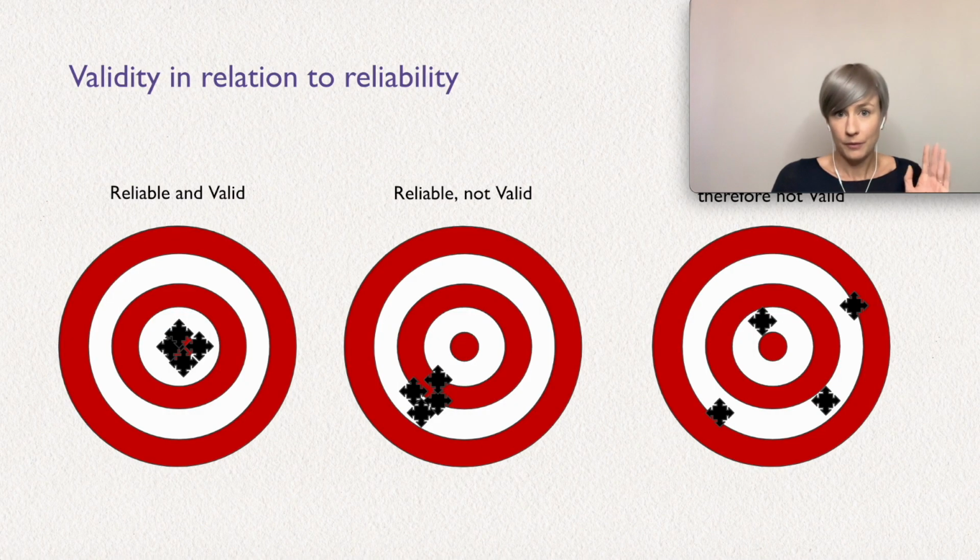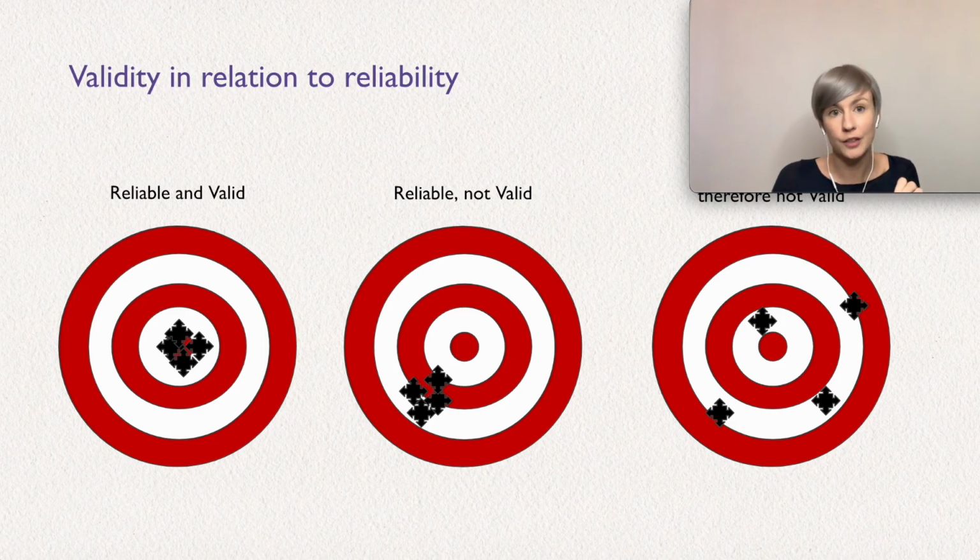Okay, we talked about validity and we talked about reliability, but how do they relate to each other? Here you can see I've done some dartboards. The closer to the center the darts are, the more valid the results are. And the darts' relative position to each other indicates reliability.